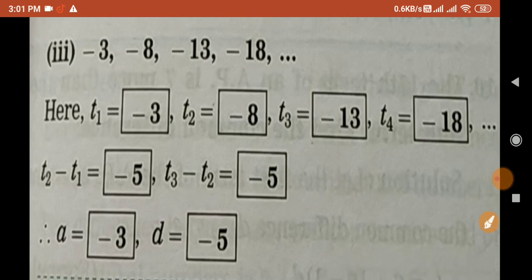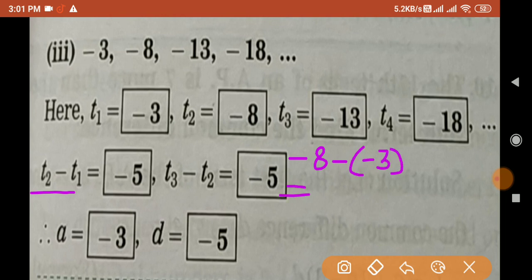Then in the next step, we take the difference between two consecutive terms. That means T2 minus T1. T2 is equal to minus 8 minus T1, which is minus 3. Therefore, write inside the bracket: minus 8 minus, minus 3, it becomes plus 3.